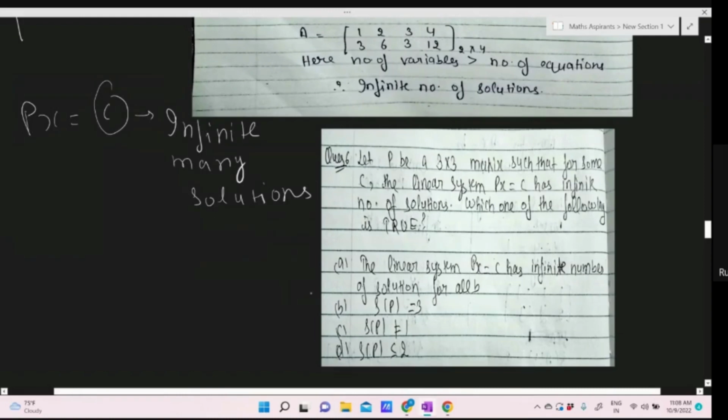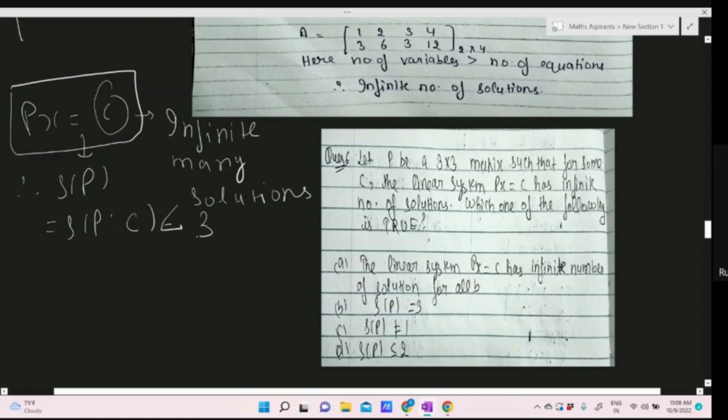Second option is rank of P is equal to 3. Third option is rank of P is not equal to 1. And fourth option is rank of P is less than or equal to 2. This system will have infinitely many solutions. It is given that. Therefore, rank of P is equal to rank of P augmented C, which is strictly less than 3.